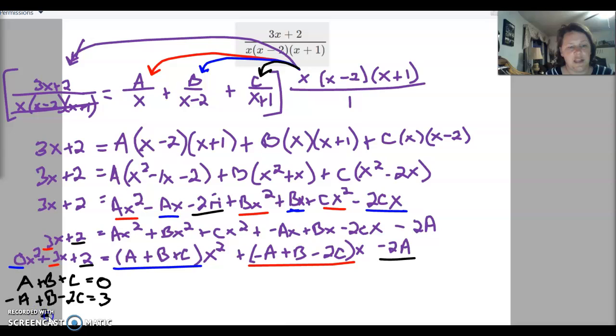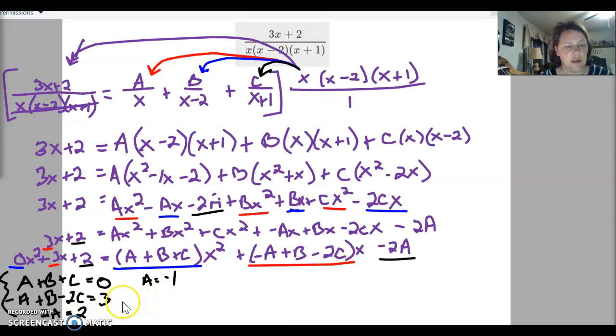And then we know that negative 2a equals 2. So this is a system of equations that we want to solve. So very first thing, we can solve for that a pretty easily. We know right off the bat that a equals negative 1.